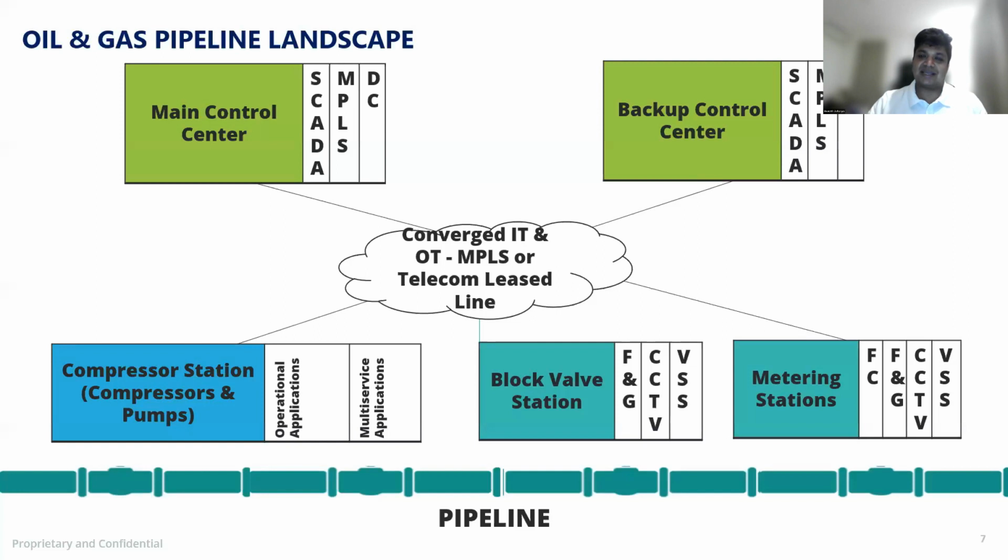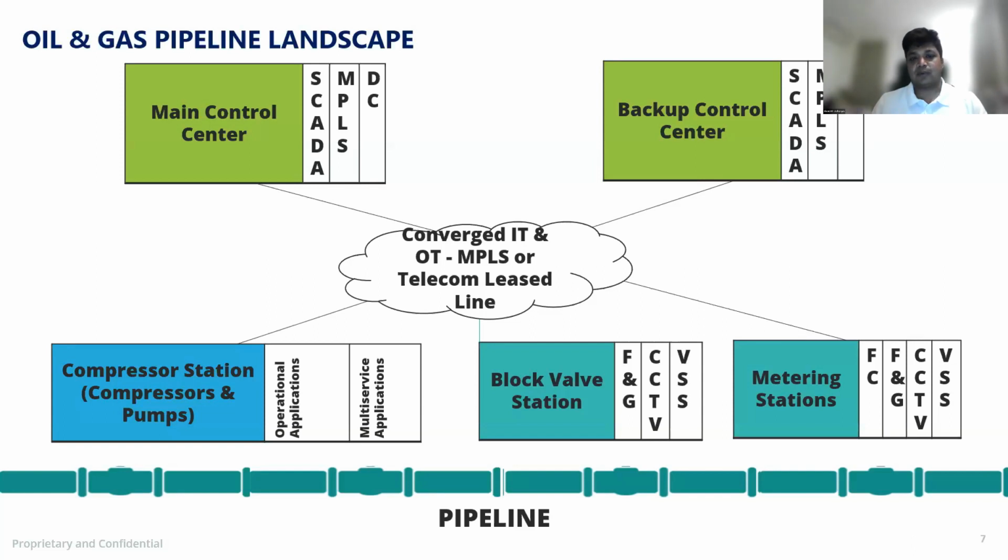And this has a unique characteristic to it. They are geographically distributed, and it can be geographically distributed for miles together across different states or different regions in a specific country. And they connect back to the main control center and the backup control center, which runs all the SCADA.